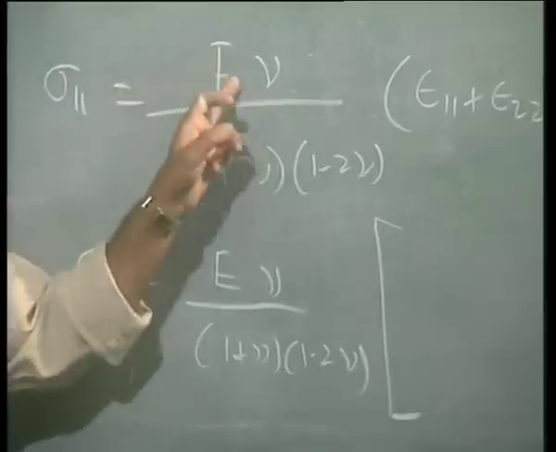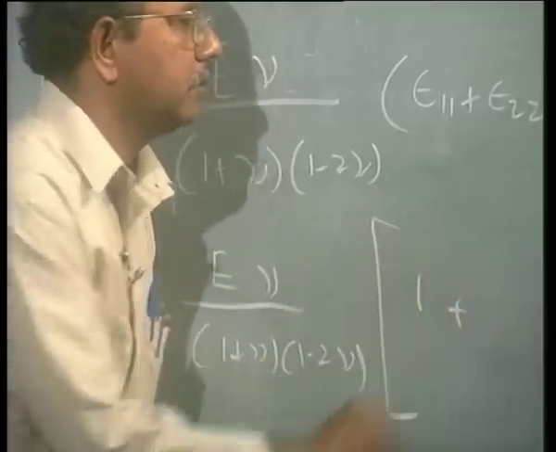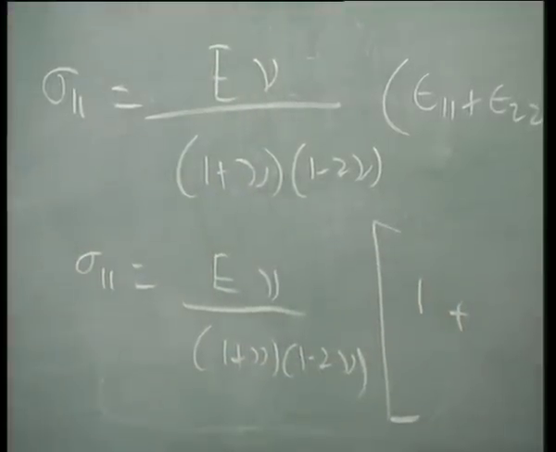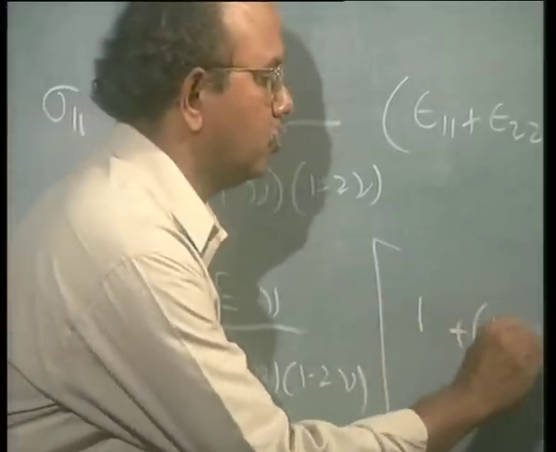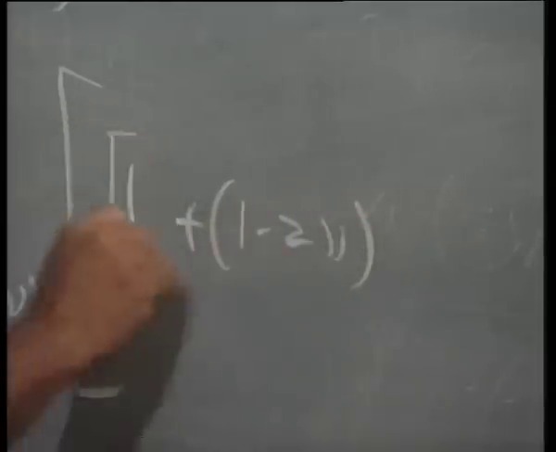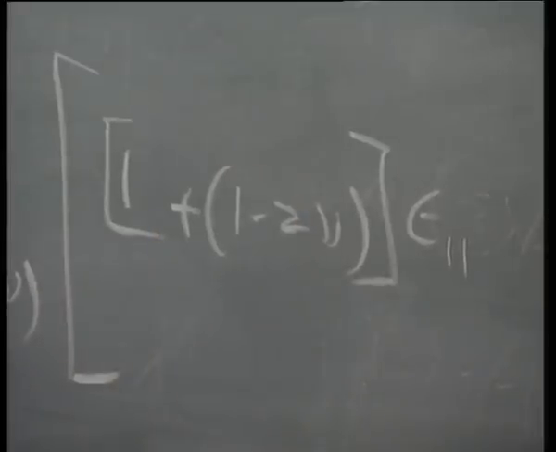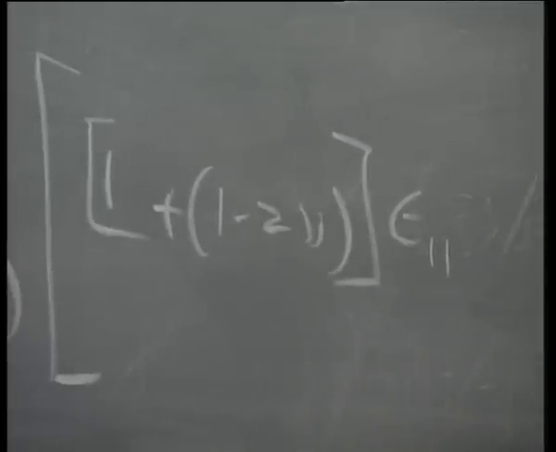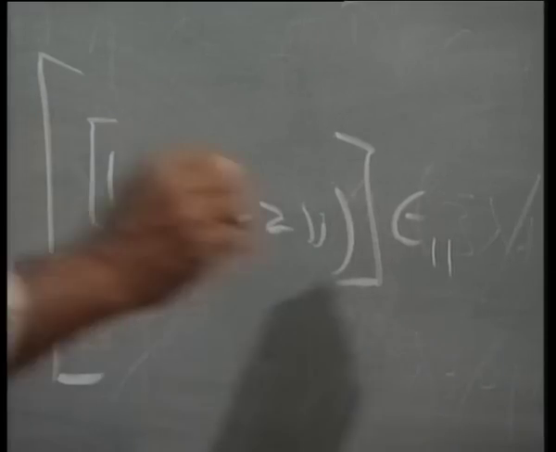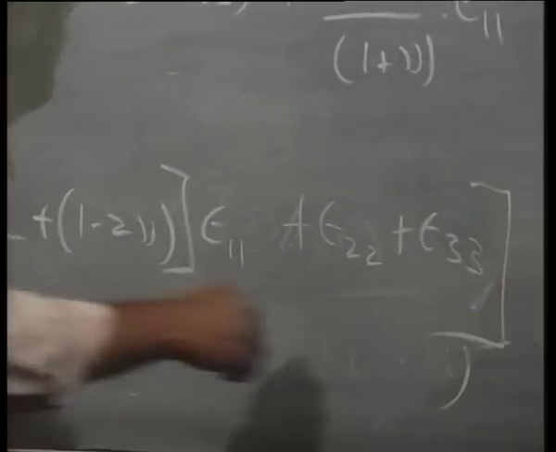So this will be 1 plus 1 minus 2 nu epsilon 11 plus epsilon 22 plus epsilon 33.